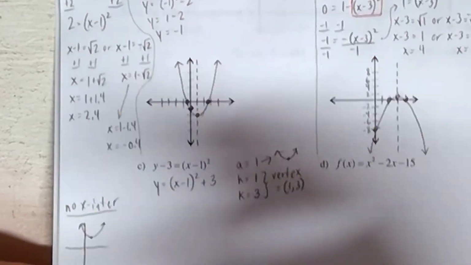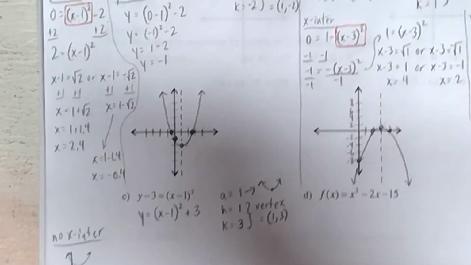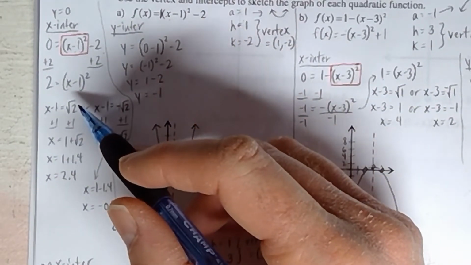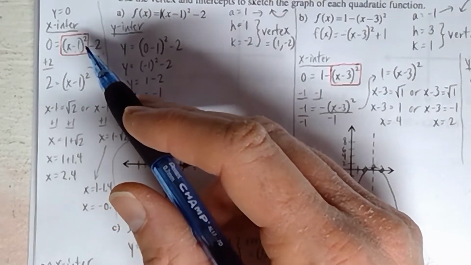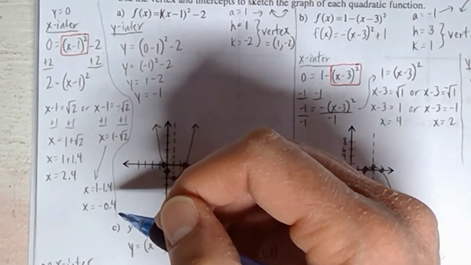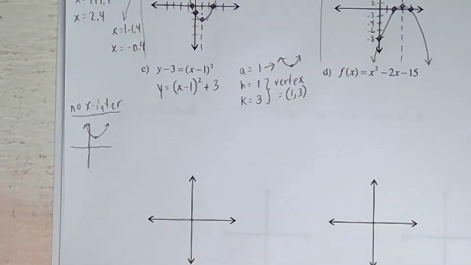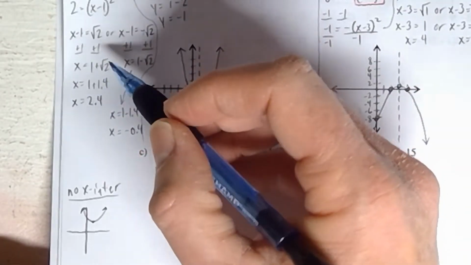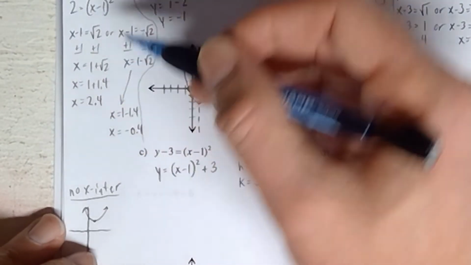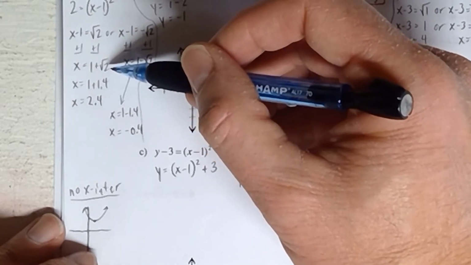Okay, it's just that it's going to take you more time. But what's going to happen? Let me make sure you're aware of this. What's going to happen every single time when you try to find an x-intercept that doesn't really exist, like in this problem, you are always going to get the square root of a negative number. You would get the square root of a negative number here instead of, for example, positive 2.